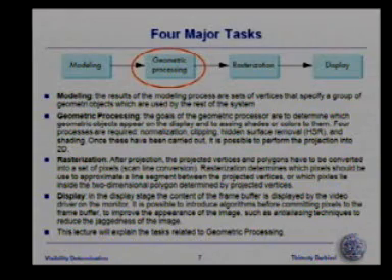This includes normalization, clipping, HSR, hidden surface removal, and shading. Shading is calculating the candidate color for the polygon.